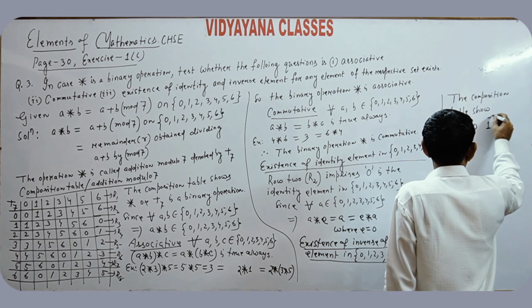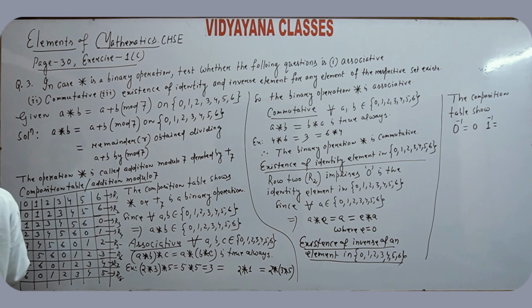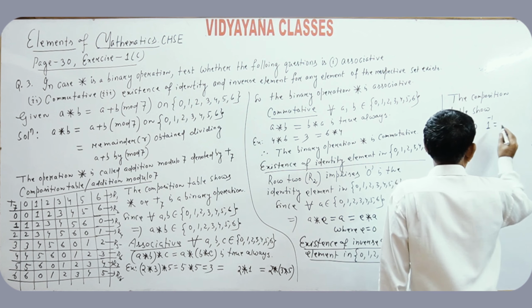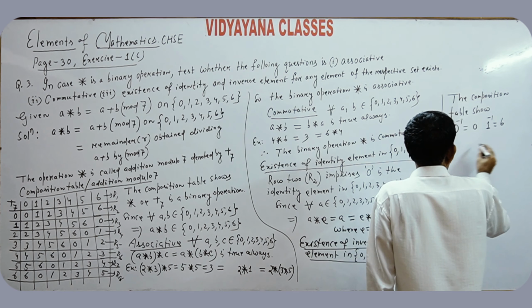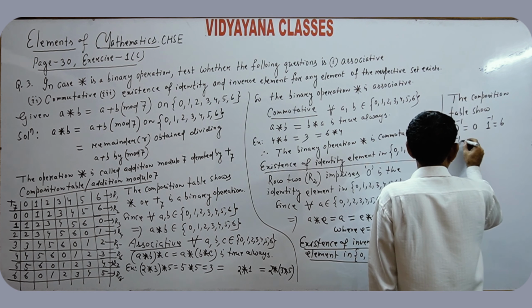Inverse of 1: 1 plus 6 is 7, and 7 divides 7 gives the remainder 0. So the inverse of 1 is equal to 6, and the inverse of 6 is equal to 1.